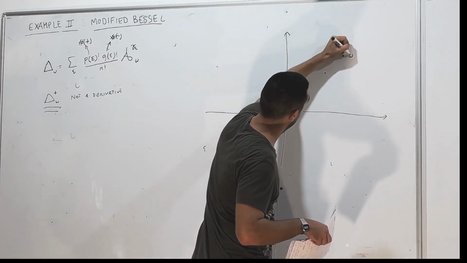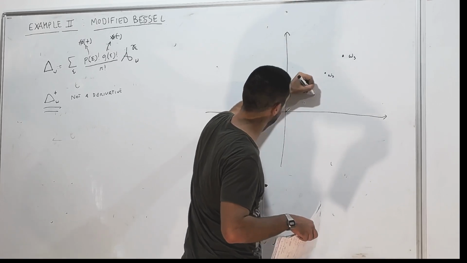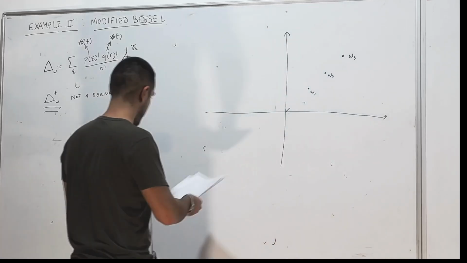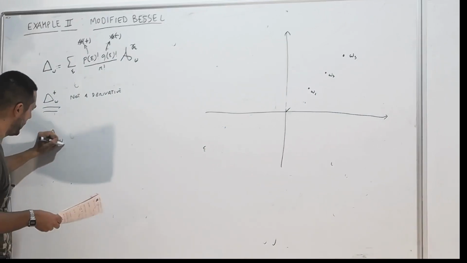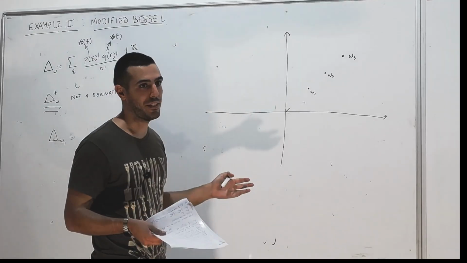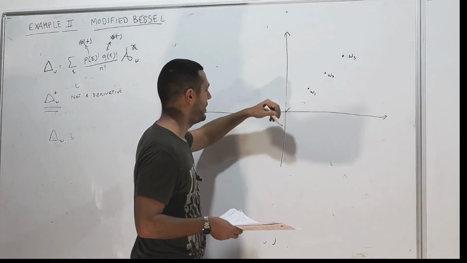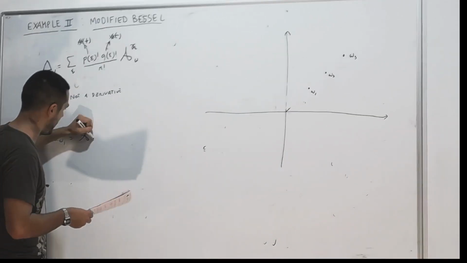We have omega 1, omega 2, omega 3. If we want to compute the alien derivative at omega 1, this is very simple because I don't have to avoid any other singularity. So it's just the alien operator at omega 1.